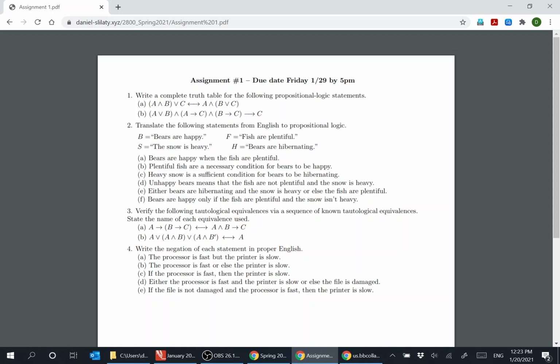All right. So number 3: we want to verify that these are tautologies via a sequence of known tautological equivalences.